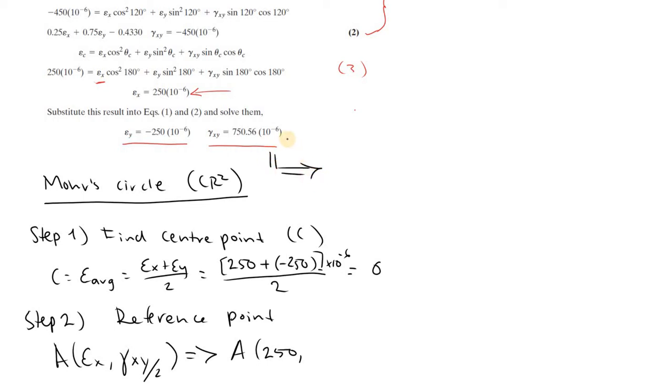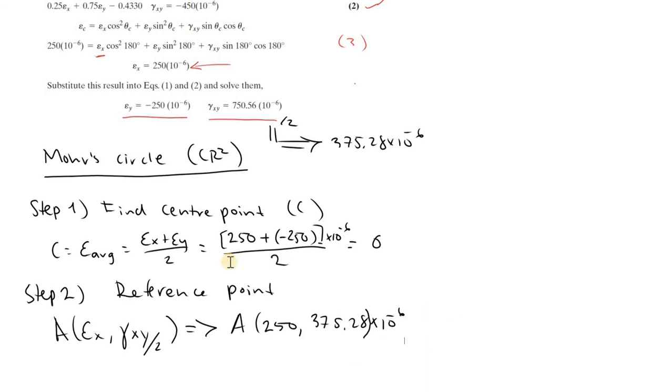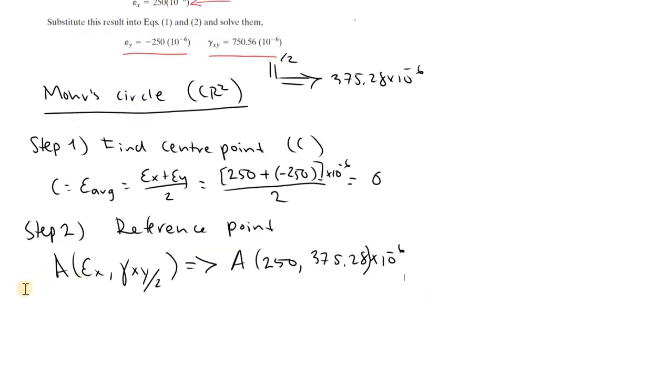So half of that is just 375.28. So I'm just going to put that directly in here, makes it easier for future calculations. Put that 10 to the power of negative 6 outside.